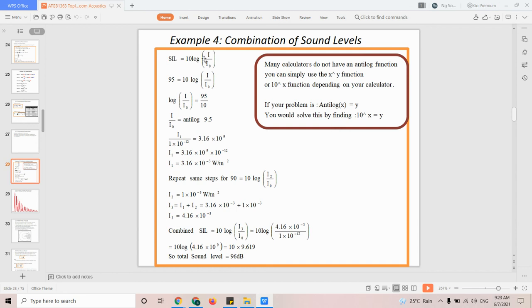So you still have to make use of our sound intensity level formula, which is this. We know that for the first sound is at 95 decibel, and then you're not given any of this value. So we just work it out. Oh, you're given this value. So we work it out. We know that for this 95 decibel, the intensity level is this value when you solve it out.